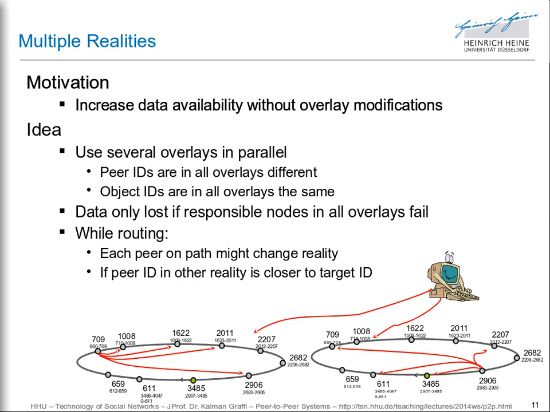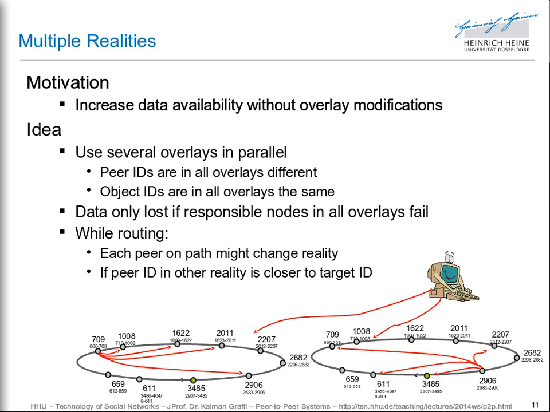For example, we could be this peer with the ID 709 in the left overlay, and on the right overlay we are the node with the ID 2906.